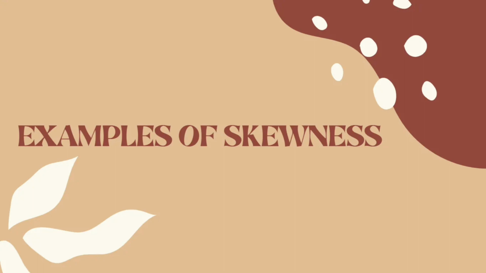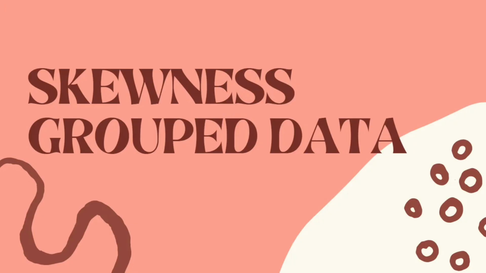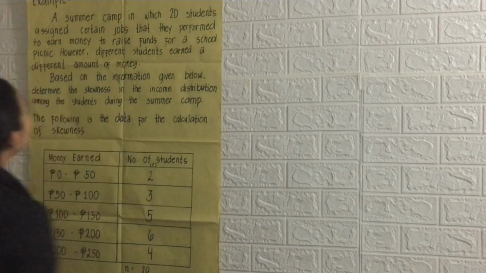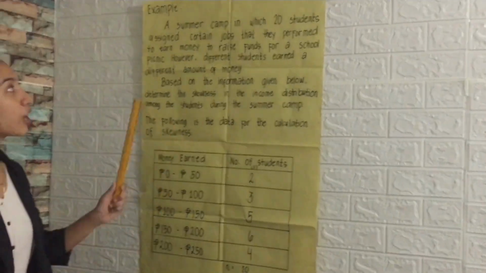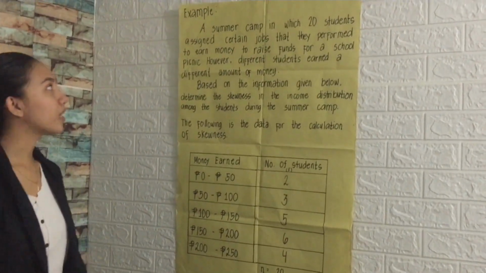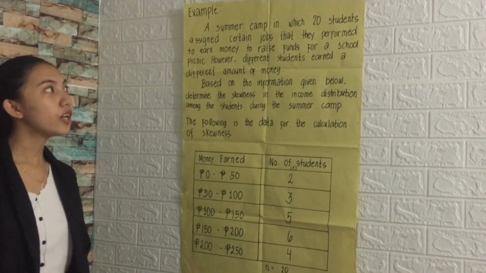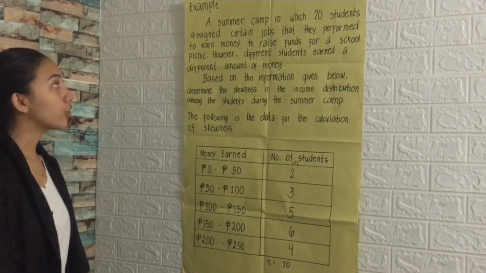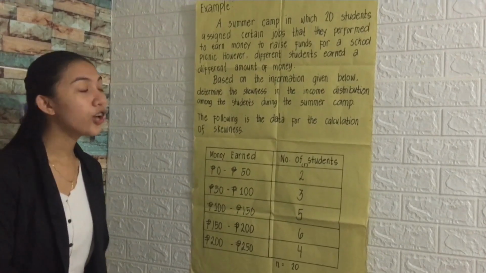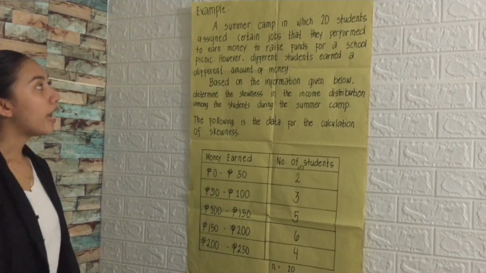Examples of skewness. Example of skewness for grouped data. We have a summer camp in which 20 students were assigned certain jobs that they performed to earn money to raise funds for a school picnic.